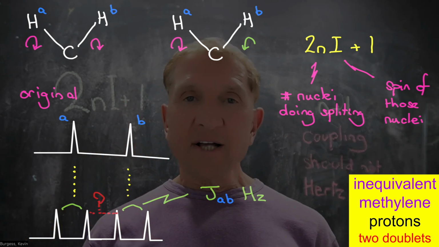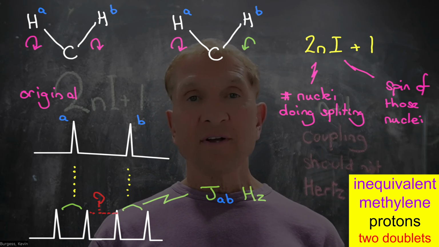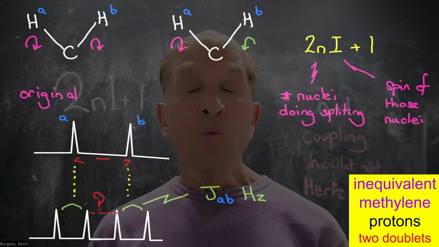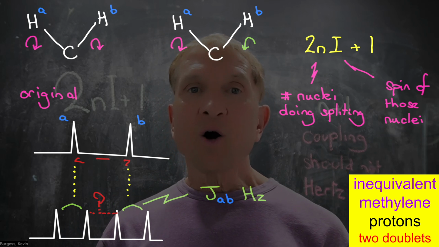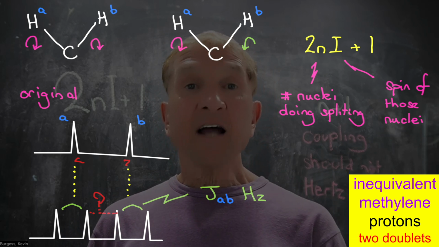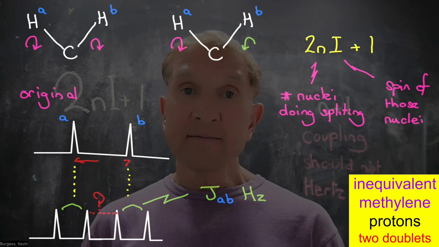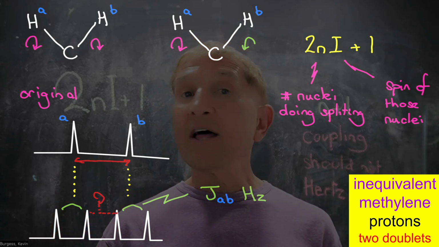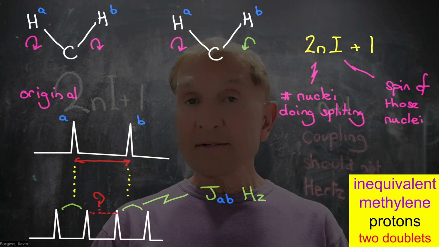I want to remind you of the magic equation for coupling, 2NI plus 1, where N is the number of nuclei doing the splitting, and I is their nuclear spin, which for protons and carbon is a half. Do you see how that applies to HA to give a doublet?